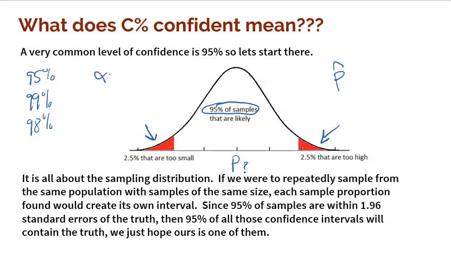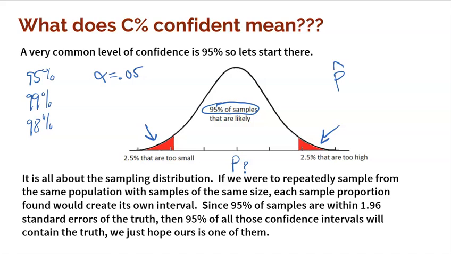Or you could be in the top 2.5% that, again, are significantly high. Remember, our alpha value is the total percentage of samples that are unlikely, which in this case is the top 2.5 and the bottom 2.5, that's the 5%. Hence, 95% of samples are in the middle. So when we talk about being 95% confident, it's really truly all about the sampling distribution.